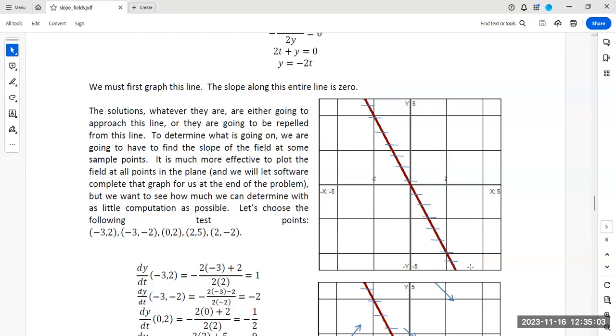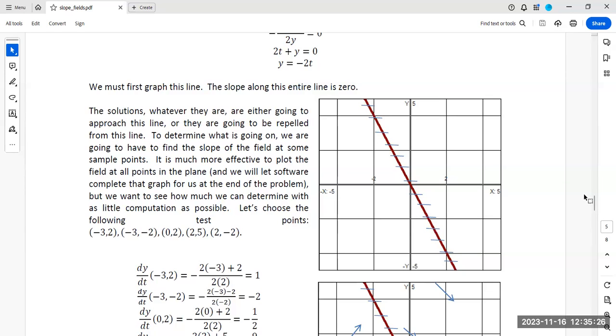If I plot this line, then I can put these horizontal slopes directly on top of this line. Anytime I pick a pair of y and t values that have this relationship, I'm going to get 0 in my differential equation, and so that means it's going to get me a horizontal slope.